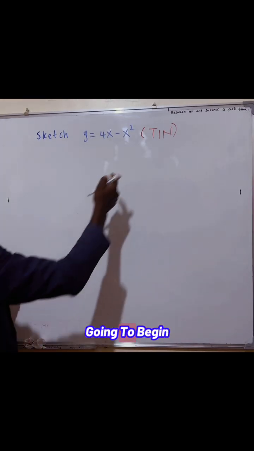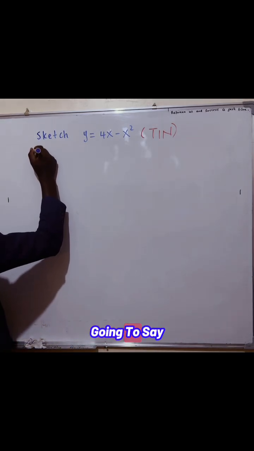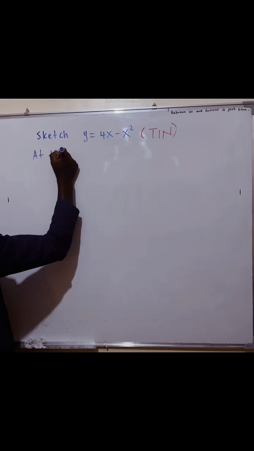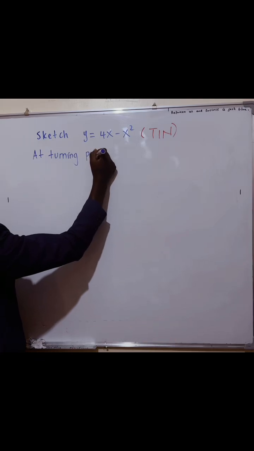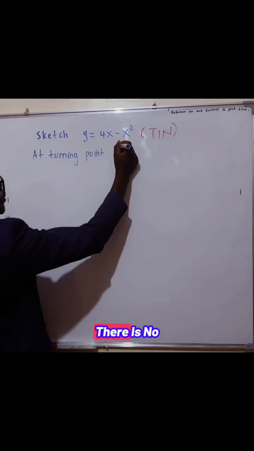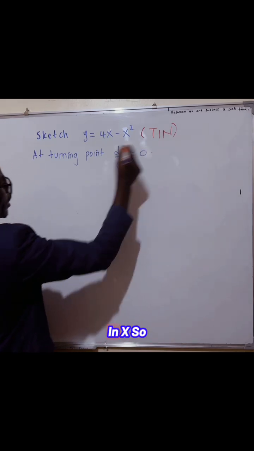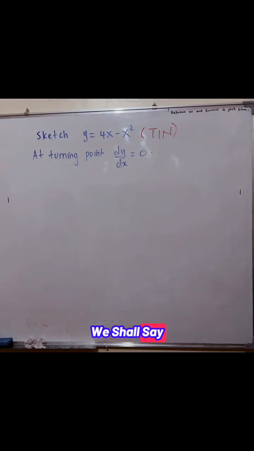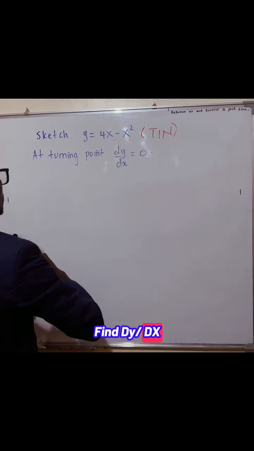So we are going to begin with the turning point, and we are going to say at turning point, there is no change in what? Y, because of a change in what? In x. So we shall say dy/dx is equal to 0. Okay? So we are going to first find dy/dx.